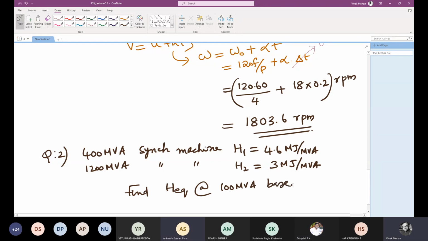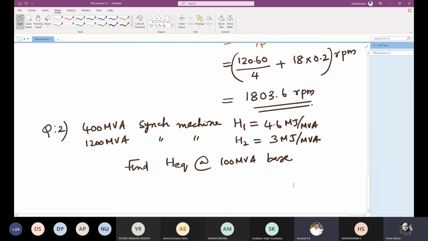How will you find this? Yes, 54.4 is the answer. H equivalent equals G1 H1 plus G2 H2 upon G system.